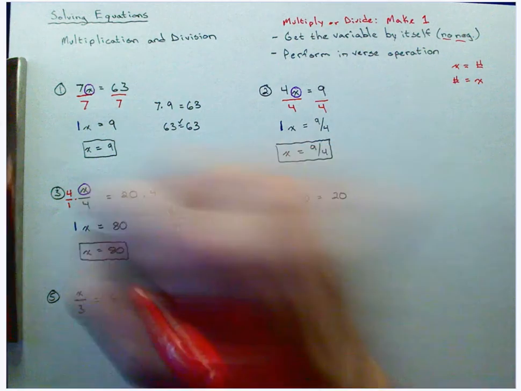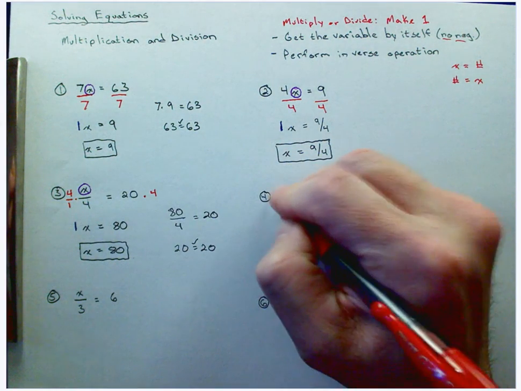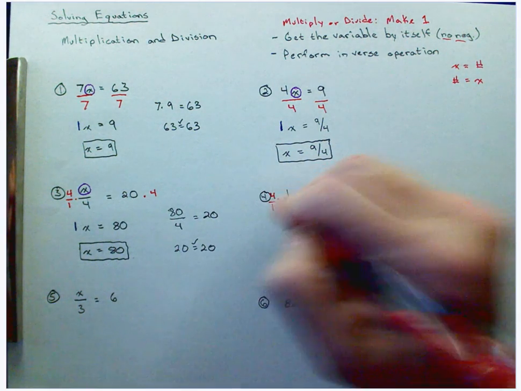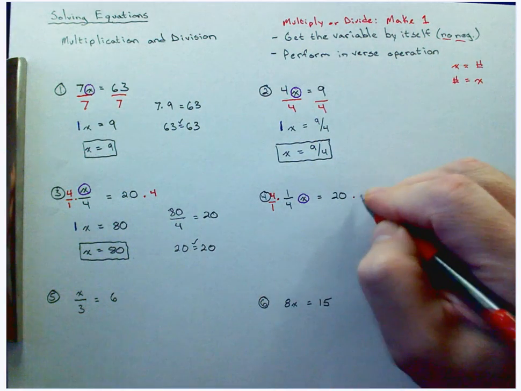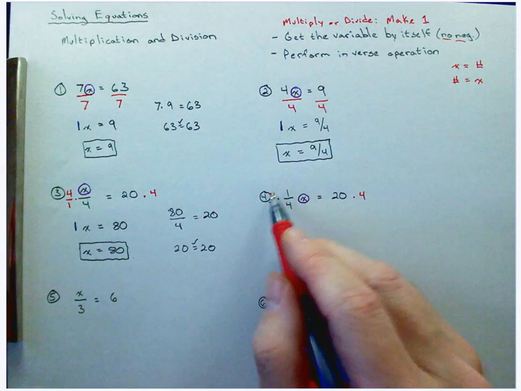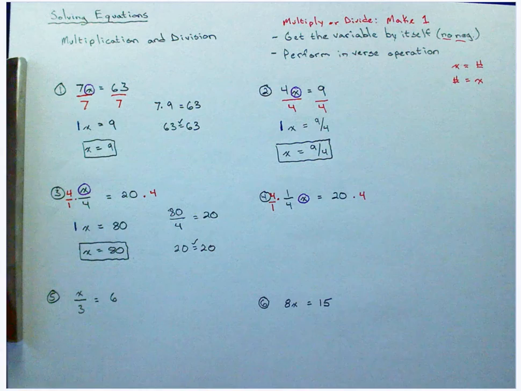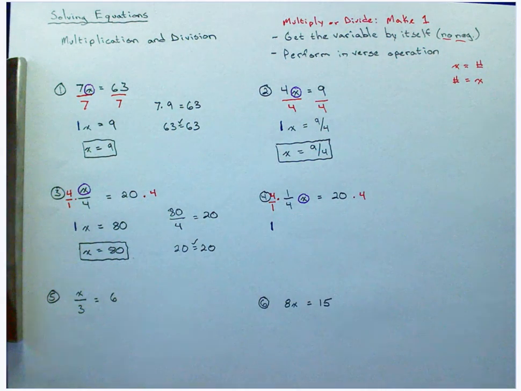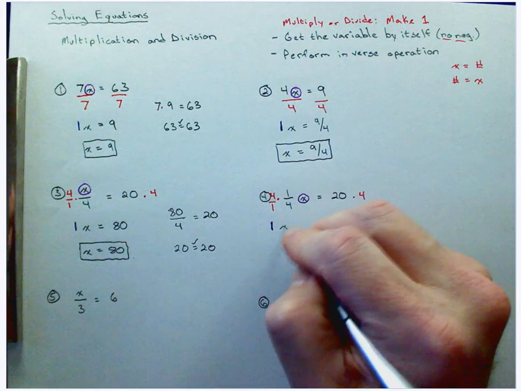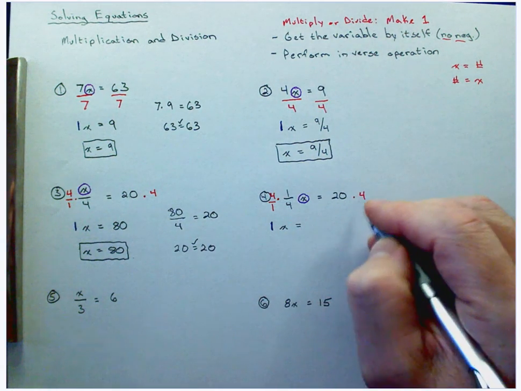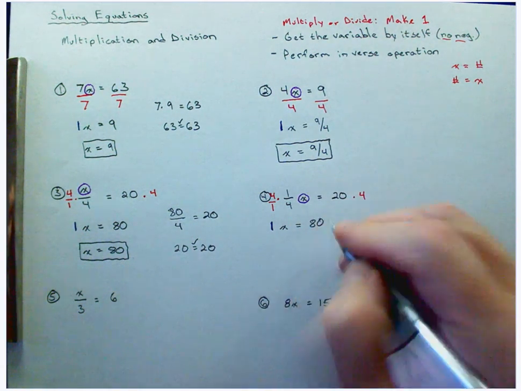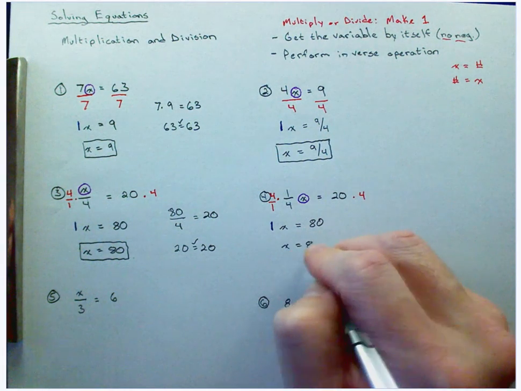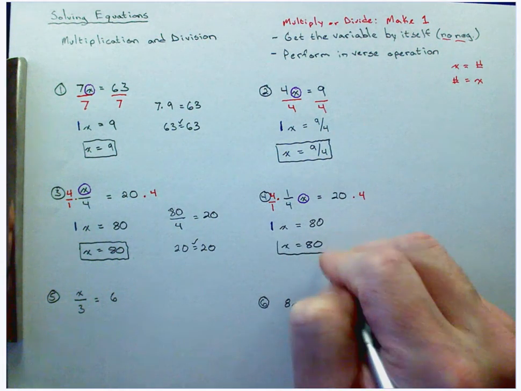Well, like I did over here, I multiply it by 4 over 1. My 4's will cancel, leaving me with the number 1. And then I simply drop my x down with it. So 1x, which is the same as x, equals 80. Same problem, except written differently.